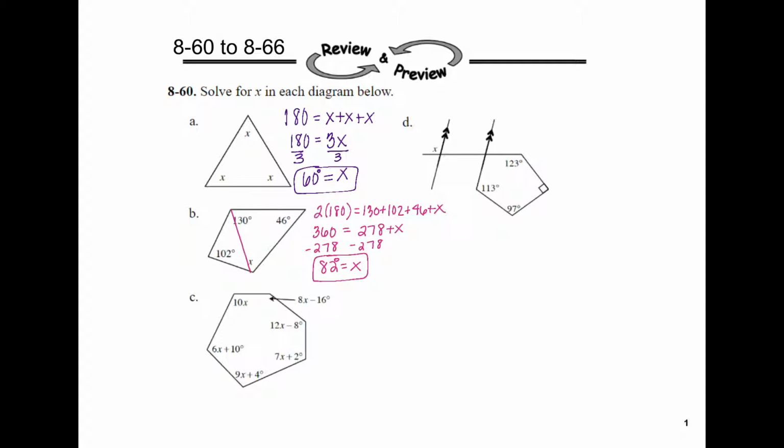Looking at letter C, if I connect my vertices, I can tell that there are 4 triangles within my polygon.